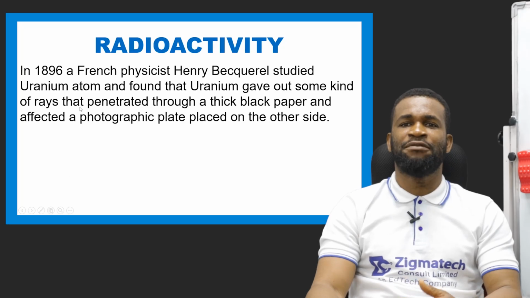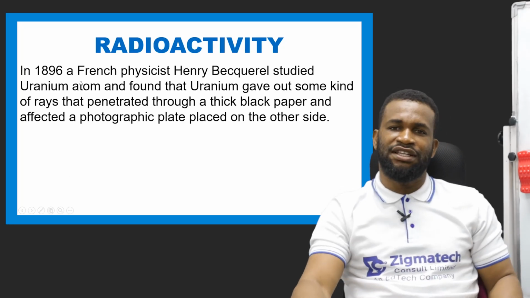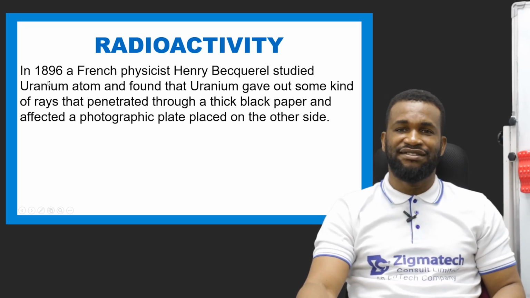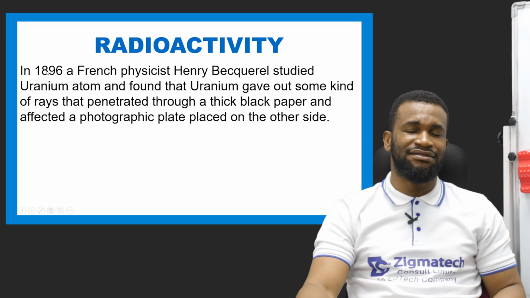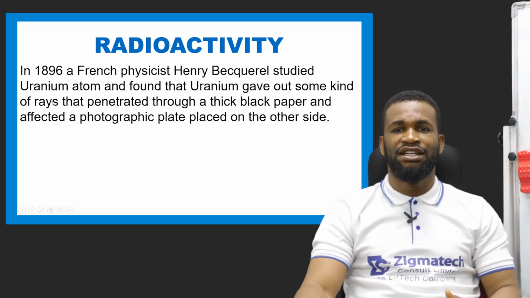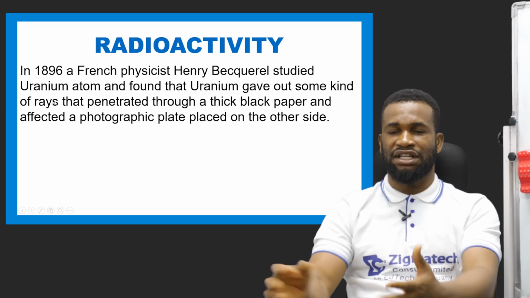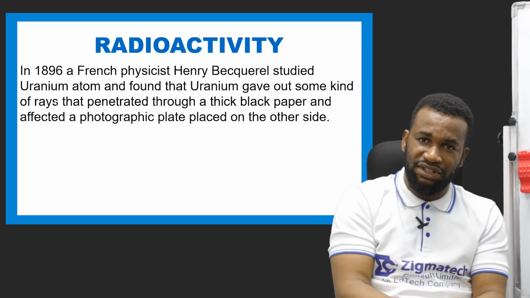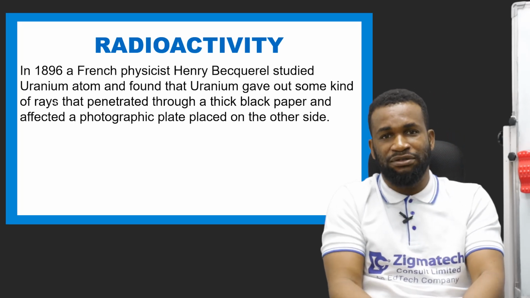Because at that time, I don't think the names of all these elements were in existence, in 1896. So he didn't know what they were. He called them radiation in terms of alpha, because I will tell you what alpha is.